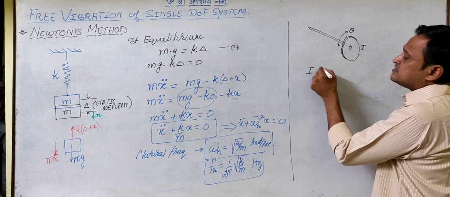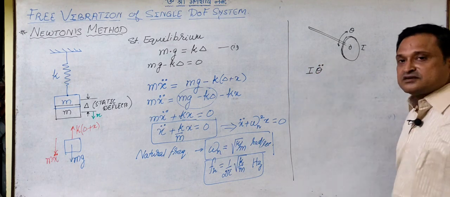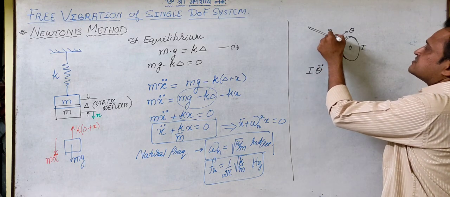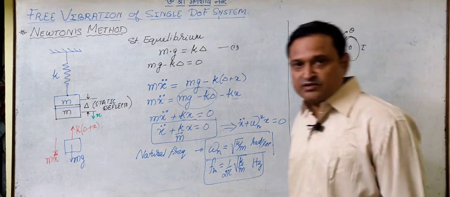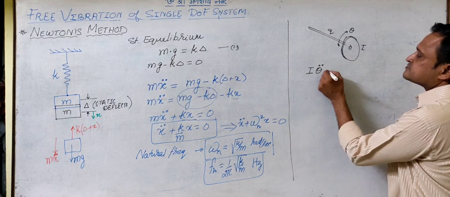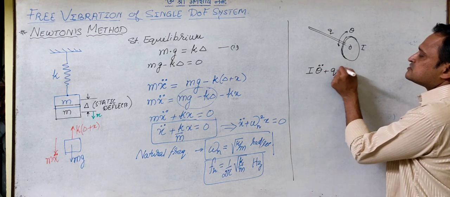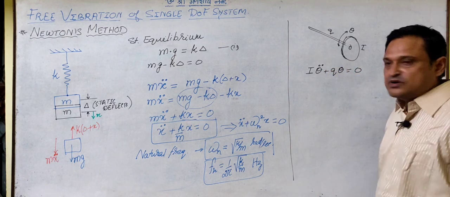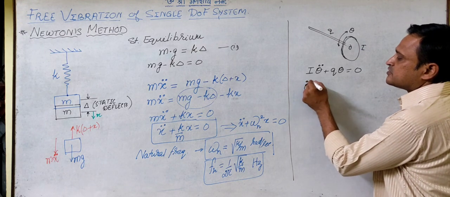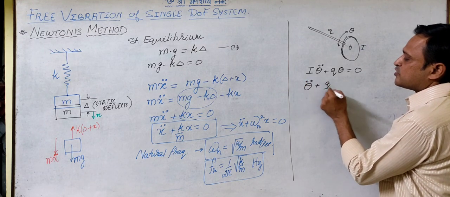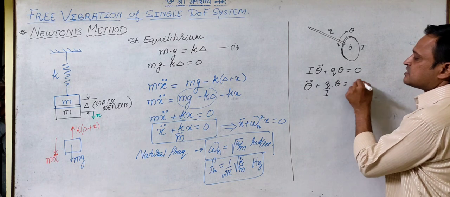So it will be I theta double dot plus Q theta equal to 0, where Q is the angular stiffness, so we can say theta double dot plus Q upon I theta is 0.